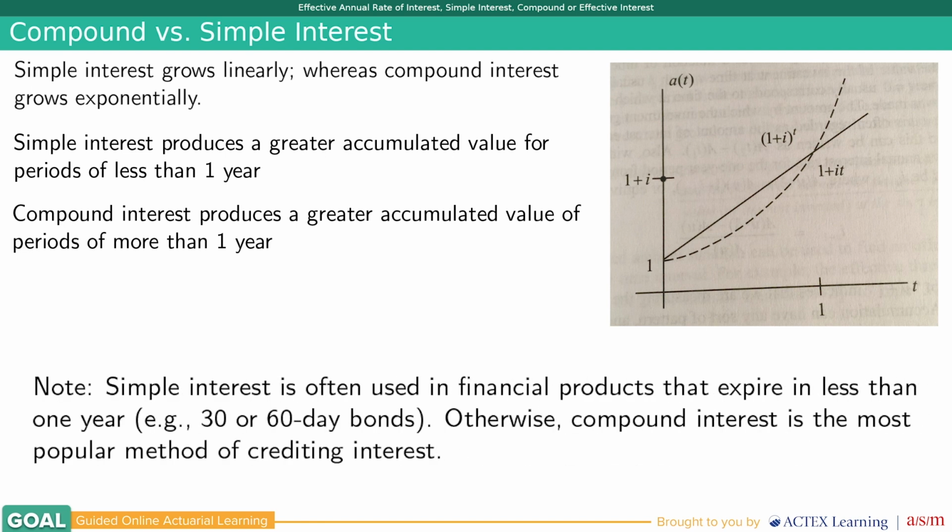However, once we are accumulating interest over more than 1 year, the compound interest equation starts to increase exponentially and exceeds the simple interest linear line. So oftentimes, simple interest will be used in financial products that expire in less than 1 year. Otherwise, compound interest is the most popular method of crediting interest.